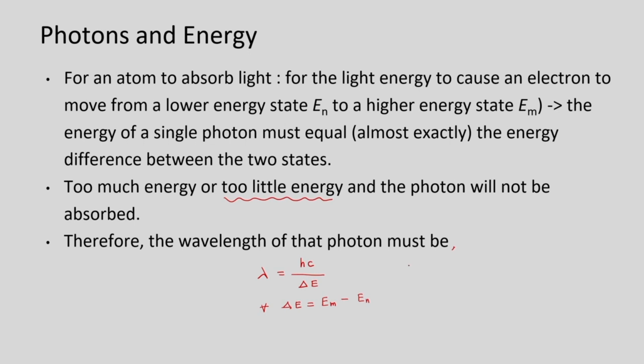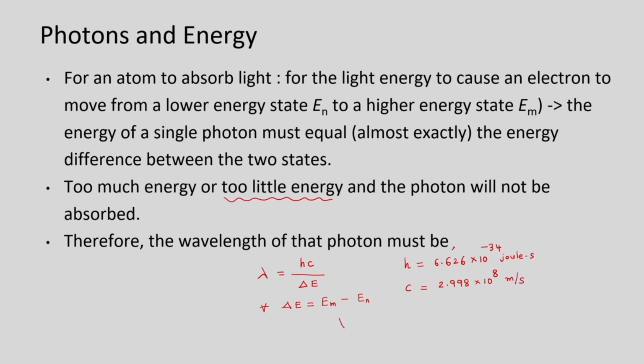Now, let us put the values of Planck's constant and the speed of light here. We have Planck's constant as 6.626 into 10 to the power minus 34 joule second, and we have the speed of light as 2.998 into 10 to the power 8 meter per second.